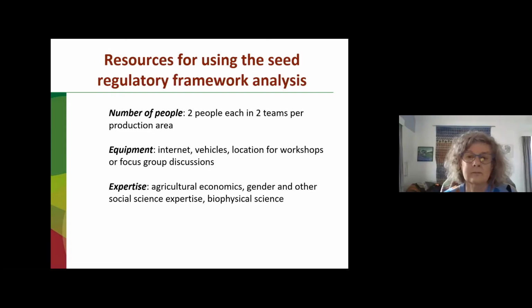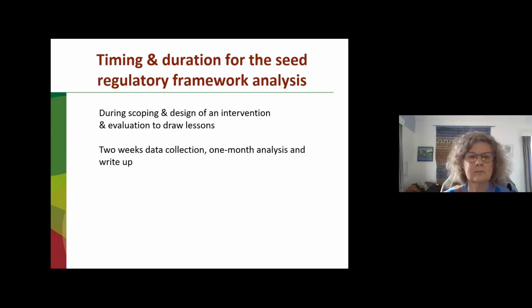The equipment needed includes internet, vehicles, and a suitable location for any workshops or focus group discussions. The expertise required includes agricultural economics, gender, and other social science expertise, and biophysical science. So when should we use this tool?